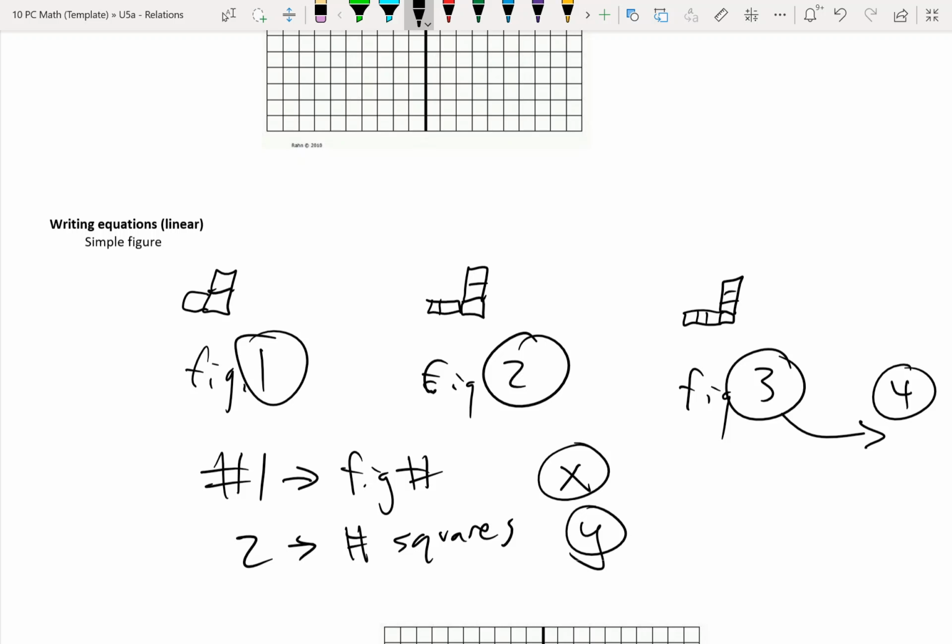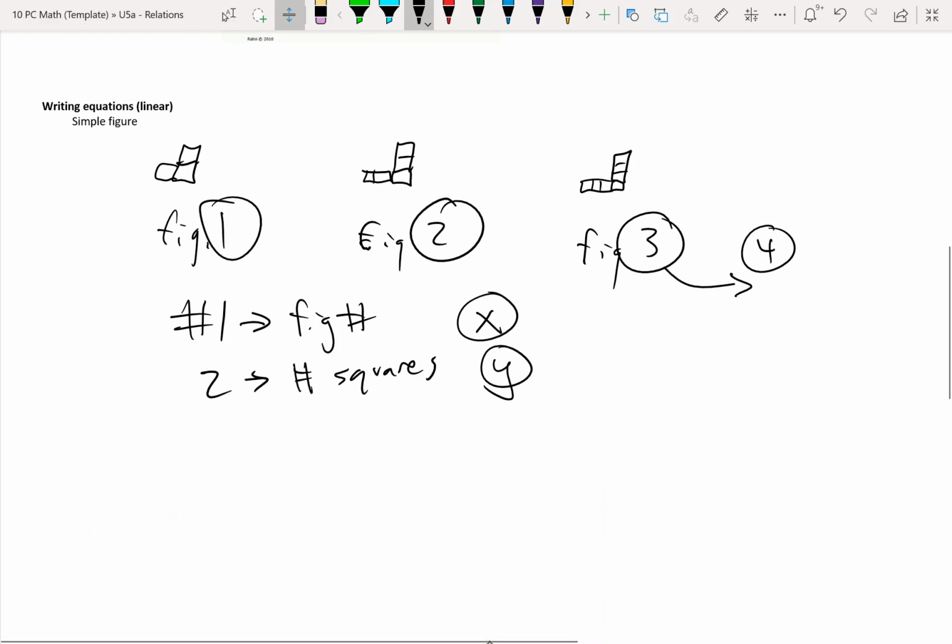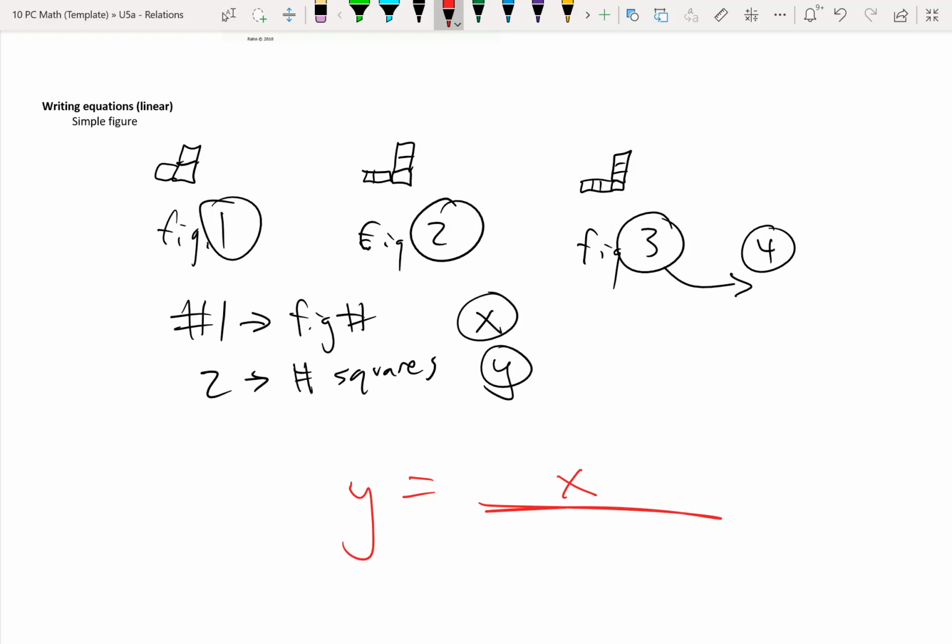Our equations are always going to work the same basic way. Let's do this. It's always going to be y equals. We always put the dependent here. And then there's going to be x with some stuff happening. The stuff depends on what the pattern is, but the most common pattern you're going to see is a linear pattern, which basically is showing what's the change.